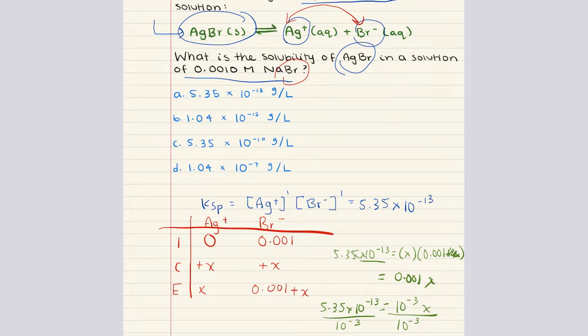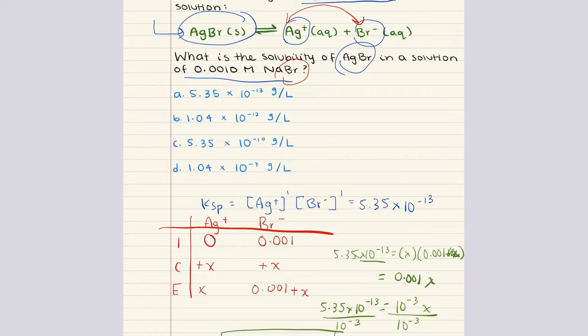We got this by doing minus 13 minus negative 3, and that gives us minus 10. So that's how we got the exponent for this number. Therefore, x, the molar solubility, is 5.35 times 10 to the minus 10.